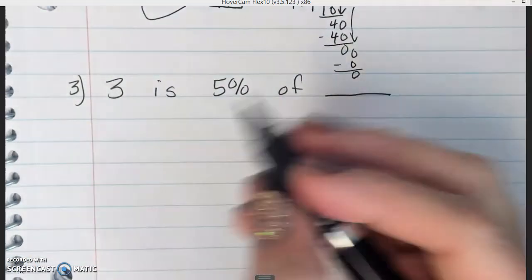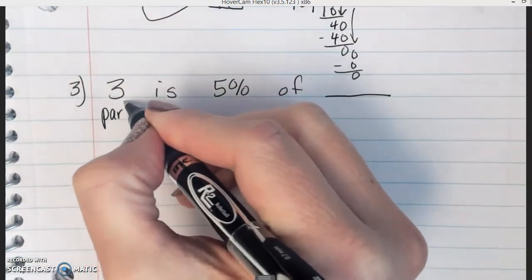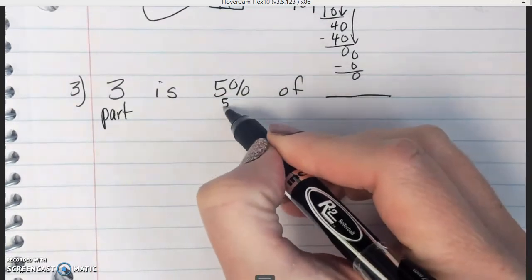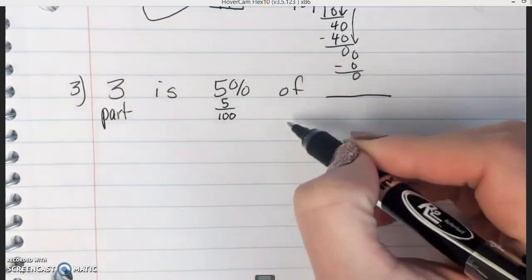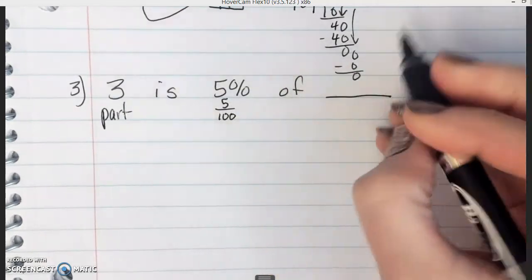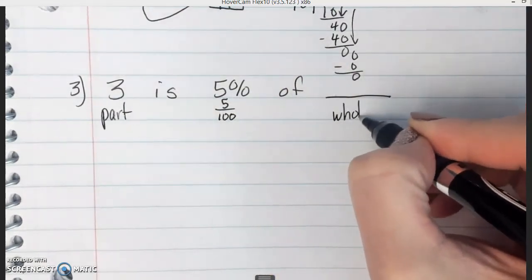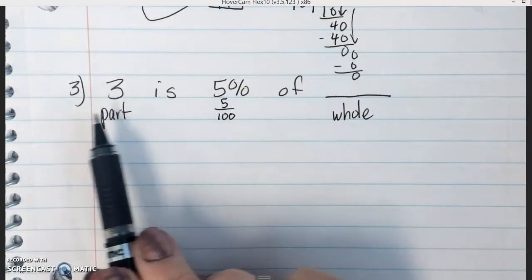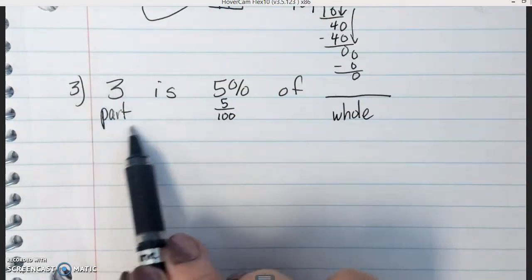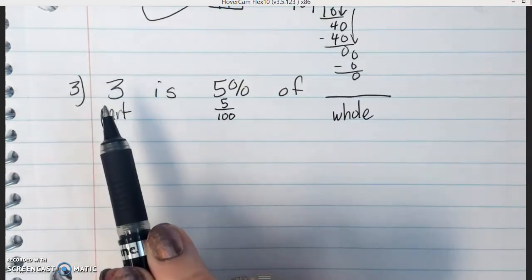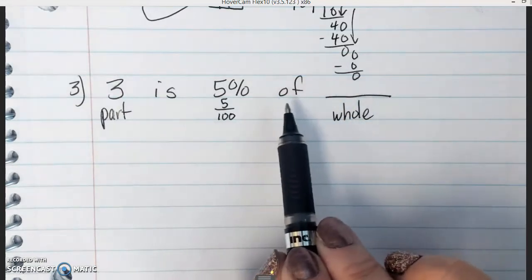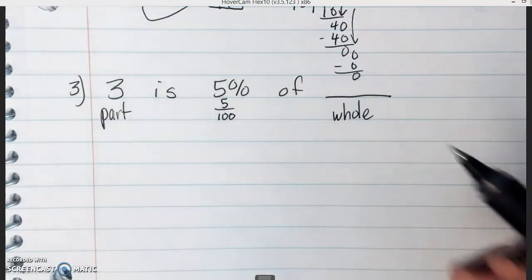All right, number 3. 3 is the part. 5 over 100 stands for my 5%, and we're finding the whole. And notice that your part is always going to be on the other side of is by itself. Okay? And your whole is down here after the word of.